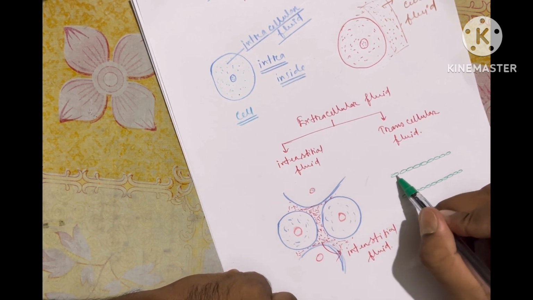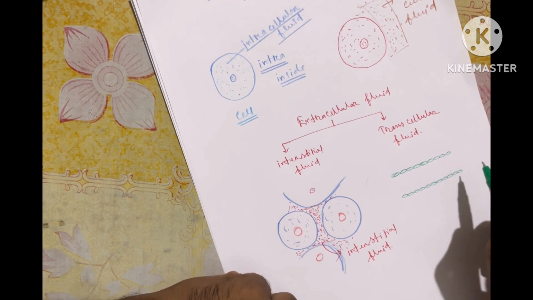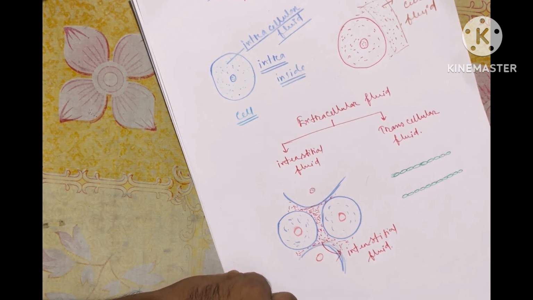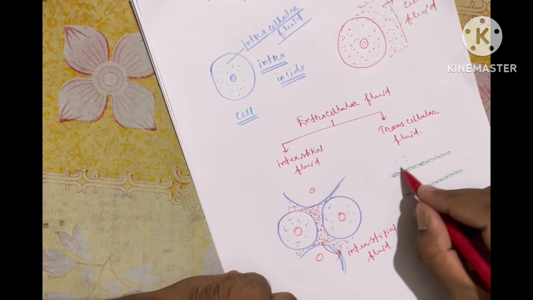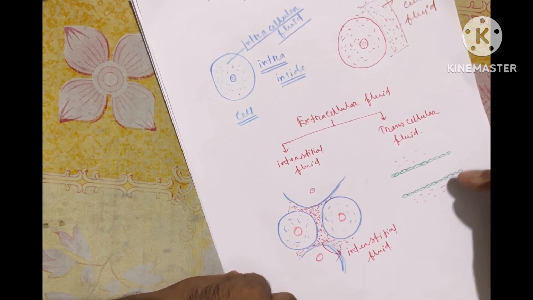Point to be noted, they are away from blood plasma, or they are not directly connected with blood circulation. Means if blood is there, then they are separated from that blood by these layers.